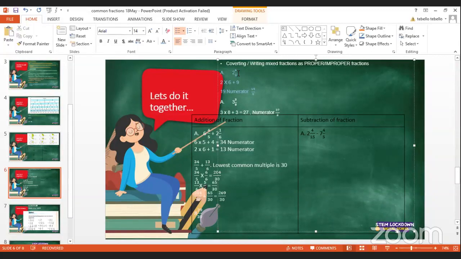What we will do, we'll say this 9, you can see 9 right here. Let's do it together.